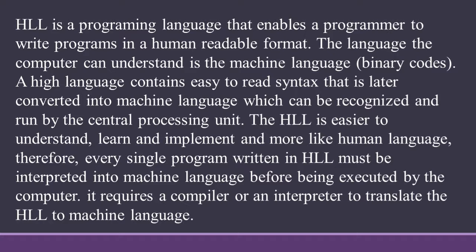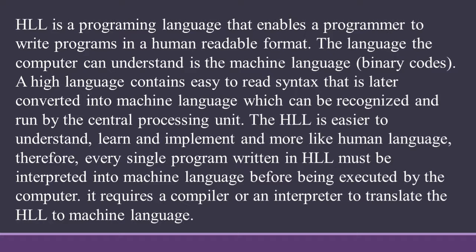The language the computer can understand is the machine language, which we call in brackets binary code, because it uses zeros and ones to write its language. A high-level language contains easy-to-read syntax that is later converted into machine language, which can be recognized and run by the central processing unit.